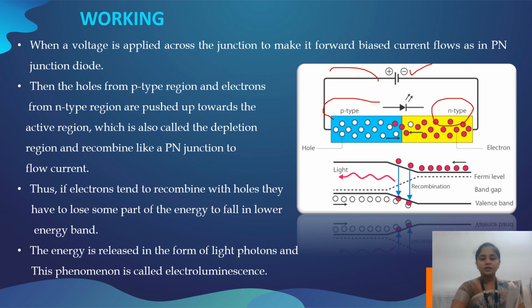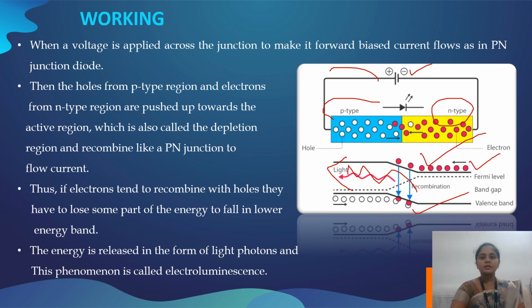In forward bias condition, what exactly happens is that the electrons and holes will start to recombine. When there is a recombination of charge carriers, there is a movement of electrons. The movement of electrons, because of the recombination process, from the Fermi level to the valence band, will automatically emit light in terms of photons.